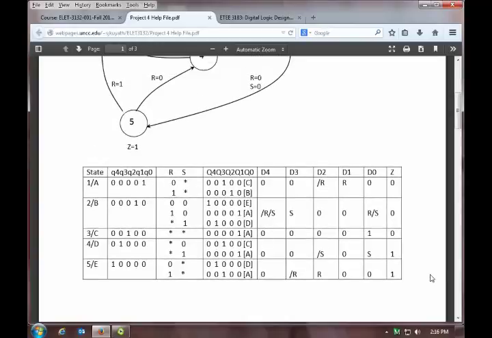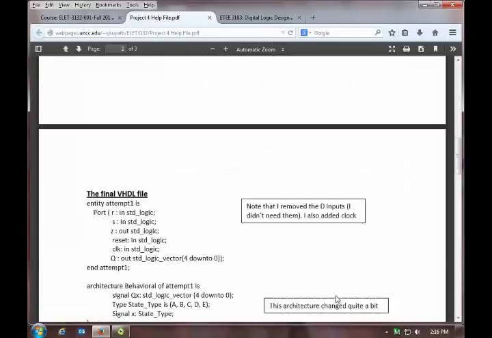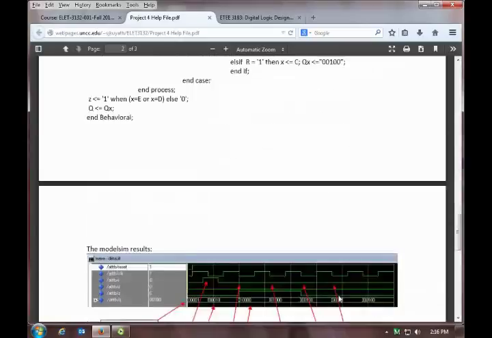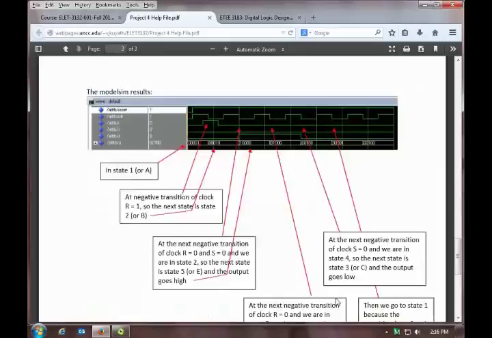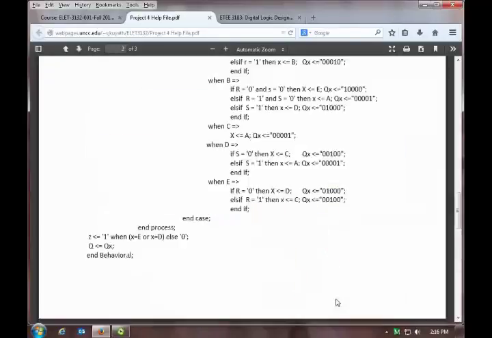Okay, well, I don't have the rest of the work done here. I've just got that, and then I've got the VHDL, and then I've got the output from whatever my simulation was.